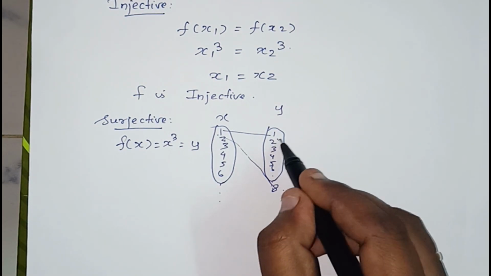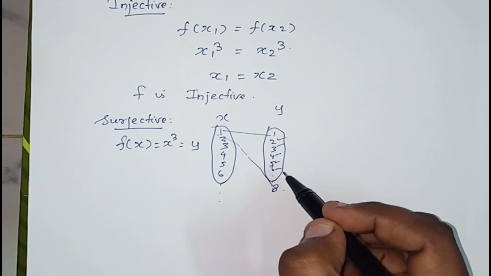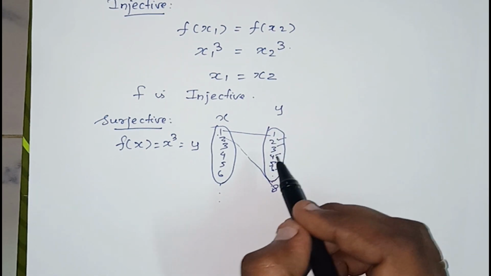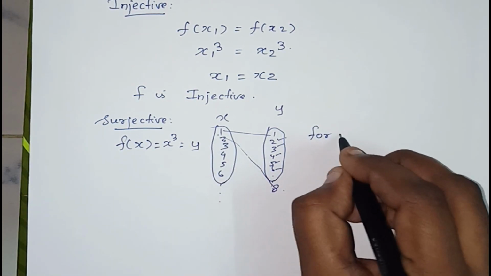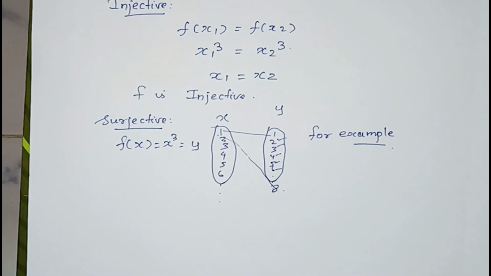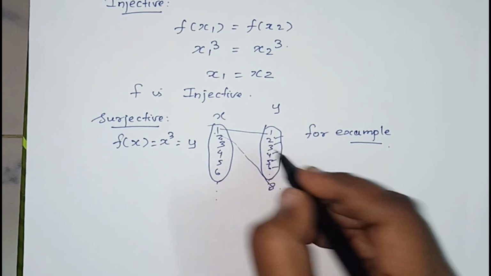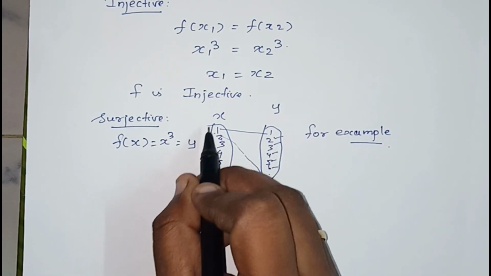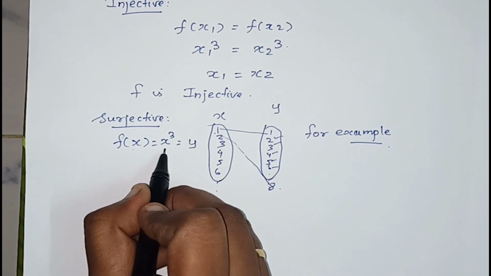Here 2, 3, 4, 5, 6 belong to natural numbers only. But these elements are not the image of any other elements, right? So for example, if I am taking 2, then 2 is not an image of any other element in x, because f of x is equal to x cube.